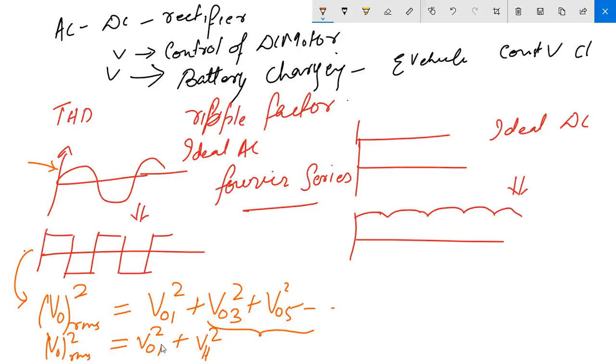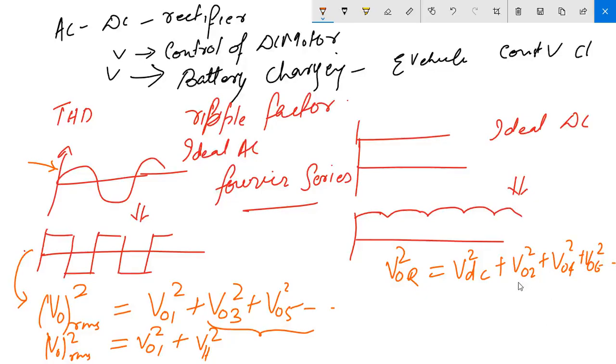Similarly, when you are talking about the DC waveform, if you are calculating the RMS value of it, it will contain even harmonics. So it will have a VDC component, that is the natural DC which we have, and then V02 square, V04 square, V06 square, and so on.